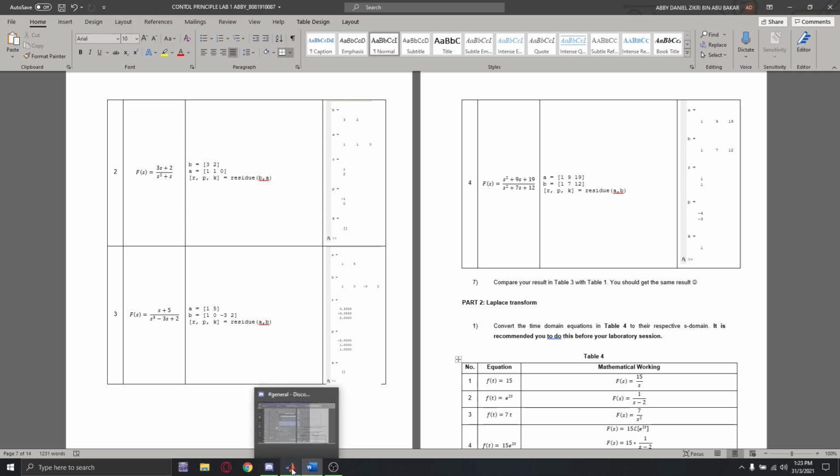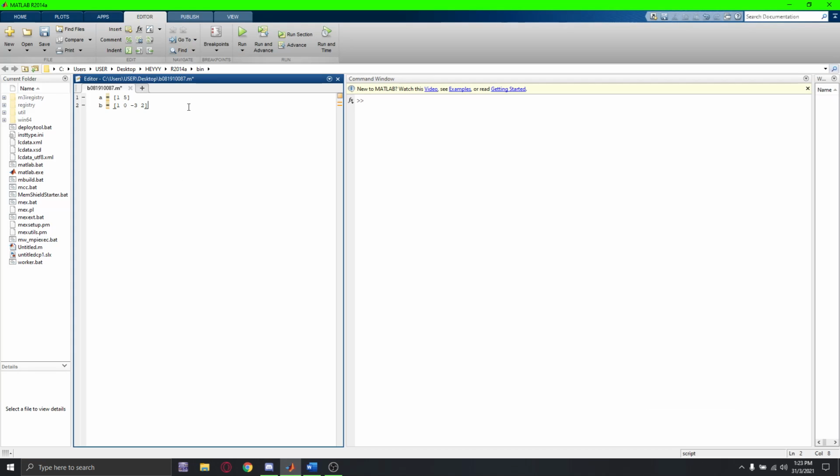Okay, after that we will use residue. So for the next step, just type P and K equals to residue.